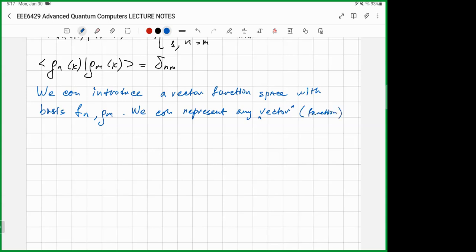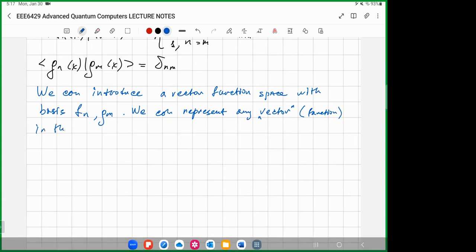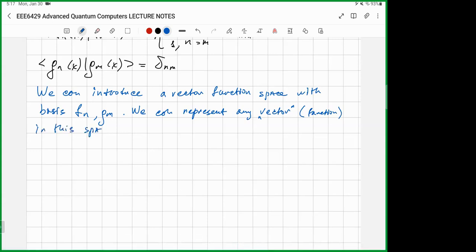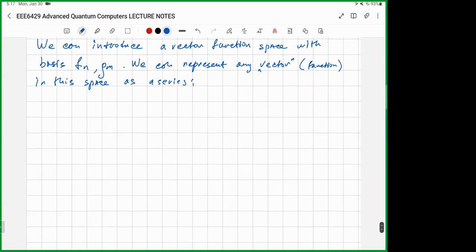In this space, as a series, a typical series that we have for any vector representation by vector components.